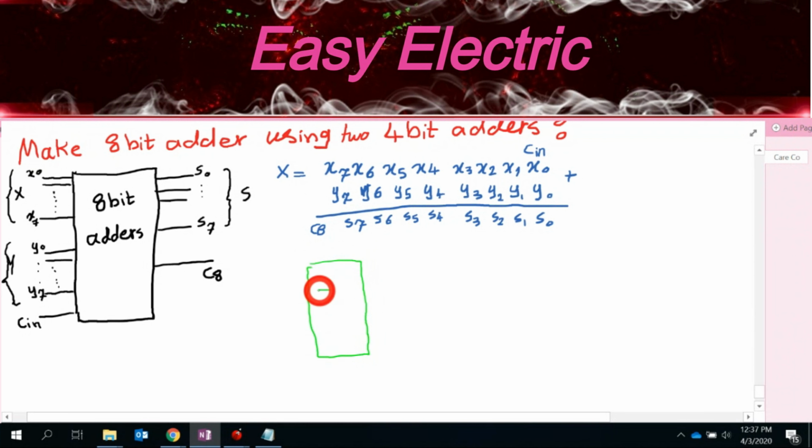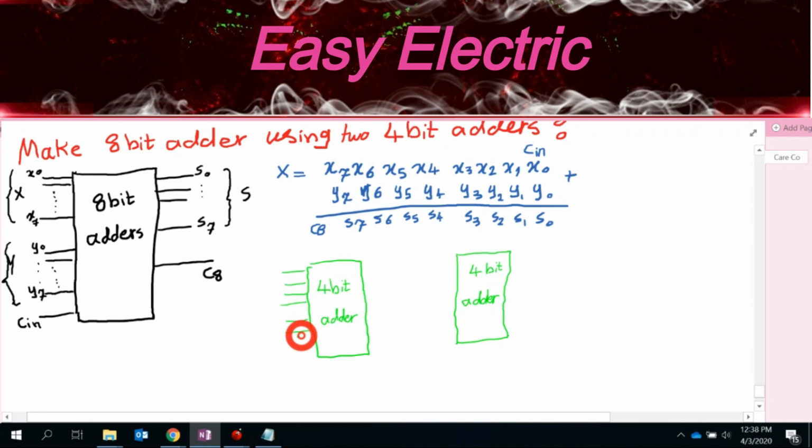So this is the first one. This is a 4-bit adder. This is a second one. Again, this is a 4-bit adder. So definitely you actually have 4 inputs, 1, 2, 3, 4.